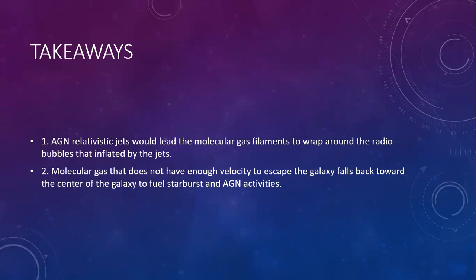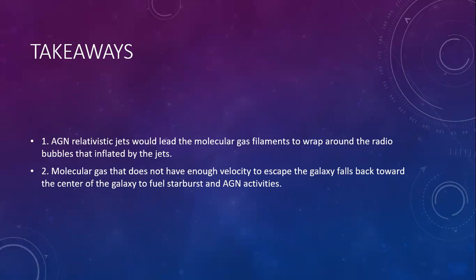The starburst in the center of the Phoenix cluster galaxy is 100 to 800 times faster than the star formation rate at our own Milky Way galaxy. And also, this molecular gas keeps fueling AGN activities that maintain the AGN feedback mechanism.